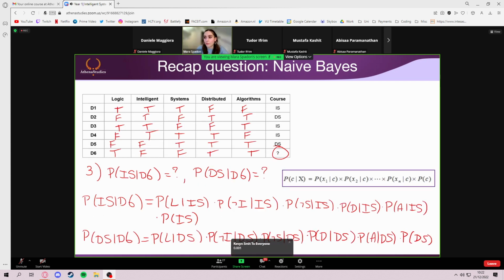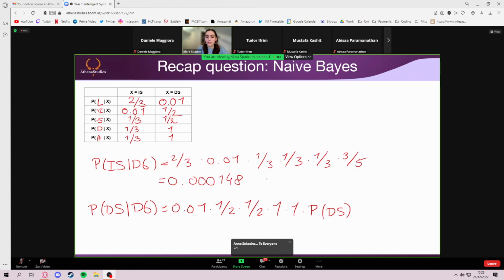It is kind of the complement of what you just had. So indeed 2/5. So the probability that something is a DS course is 2/5 in total. As you can see, this is 3/5, this is 2/5. Together they make 1. So here we see the answer for this one is 0.01.